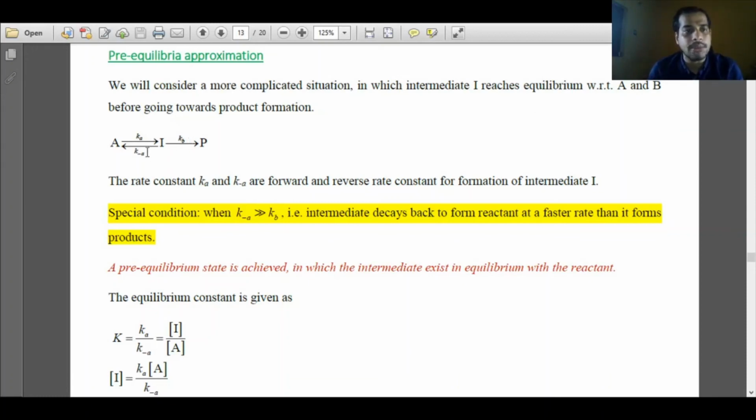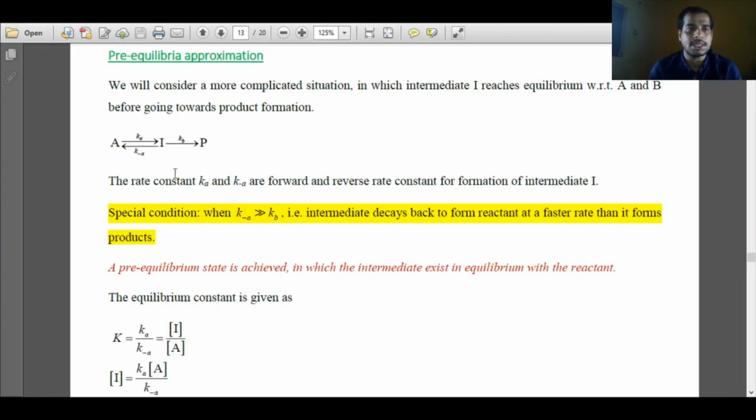But when K minus A, that is the reverse rate constant for formation of reactant A from intermediate I, is much larger than Kb, under such a condition the pre-equilibrium approximation is applicable. What is the pre-equilibrium approximation?